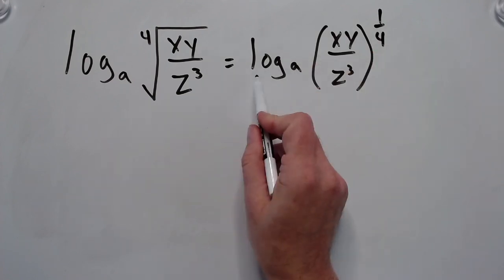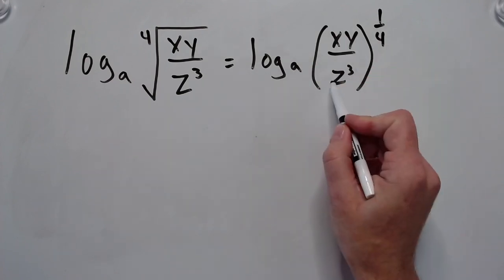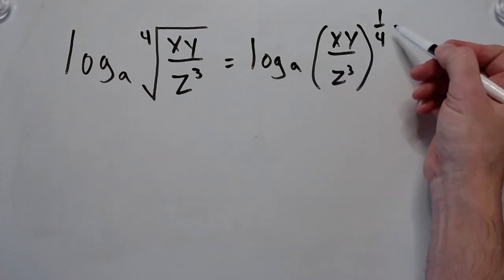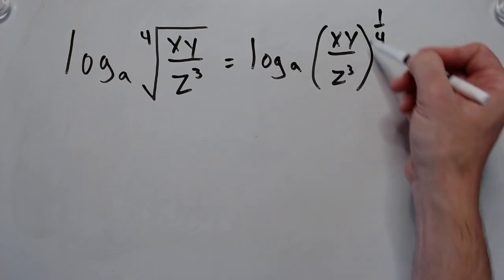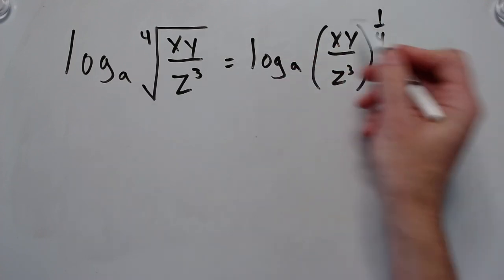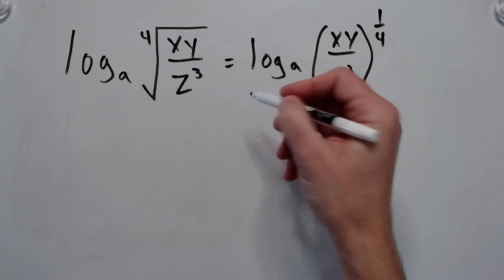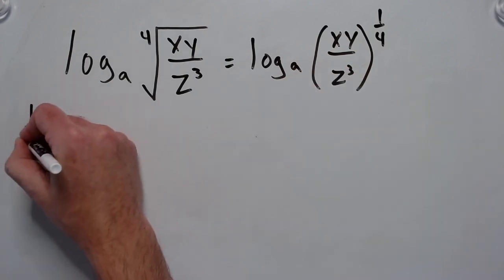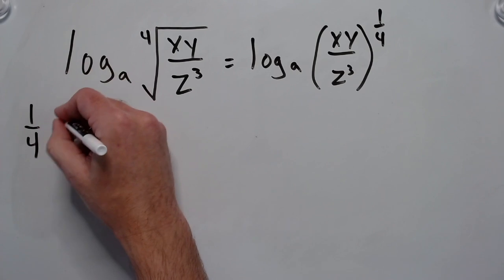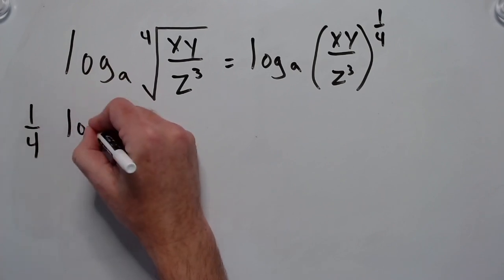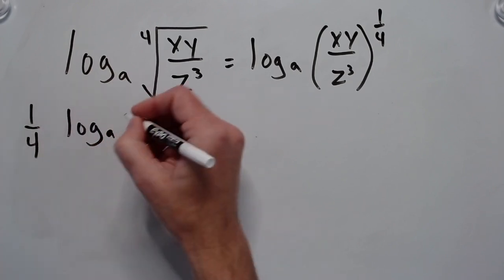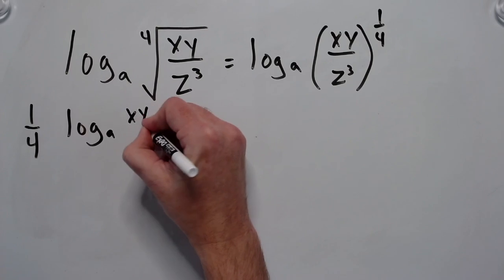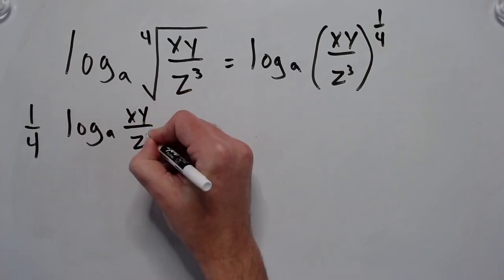We're taking the logarithm of some horrible thing, but that horrible thing has an exponent. So we're allowed to take any exponent of a logarithmic expression and just throw it out to the front. So let's rewrite it over here, give ourselves plenty of room, and that 1/4 just pops out in front. 1/4 times the log base a of x, y over z cubed.